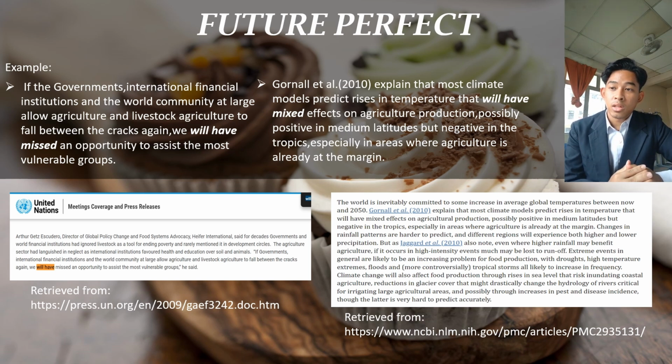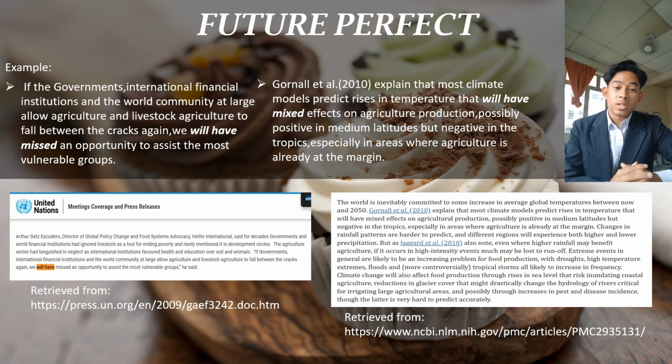If the government, international financial institutions, and the world community at large allow agriculture and livestock agriculture to fall between the cracks again, we will have missed an opportunity to assist the most vulnerable groups. And the second one: Garner et al. 2010 explained that most climate models predict rises in temperature that will have mixed effects on agriculture production, possibly positive in medium latitudes but negative in the tropics, especially in areas where agriculture is already at margin.